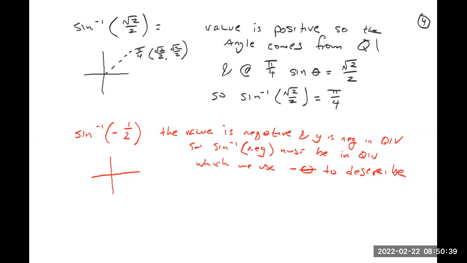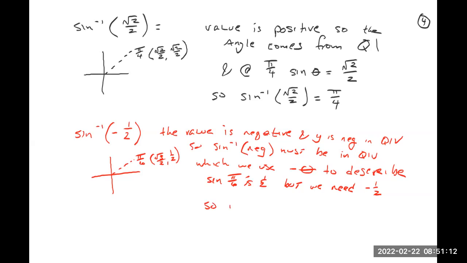So we would say sine of pi over 6 is 1/2, but we need -1/2.